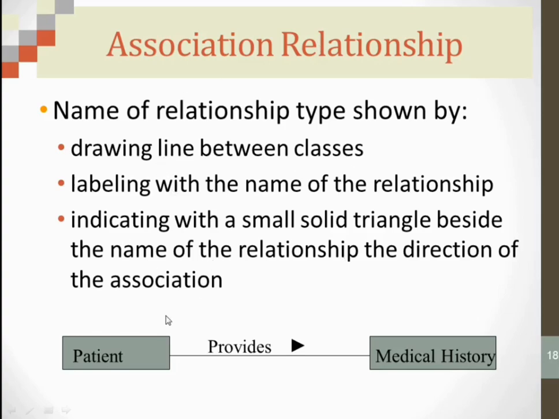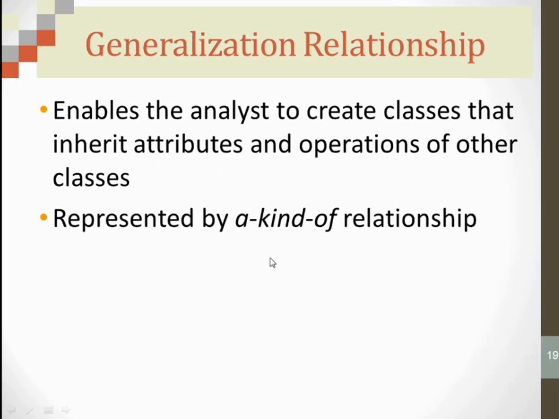So the basic relation is the association. If you have any two classes, the normal relation between them is the association relation, for example, patients and medicals.